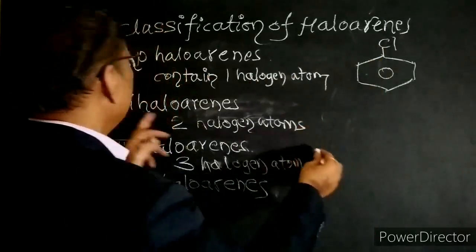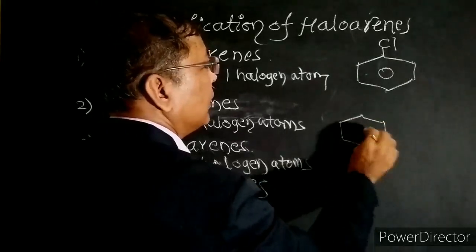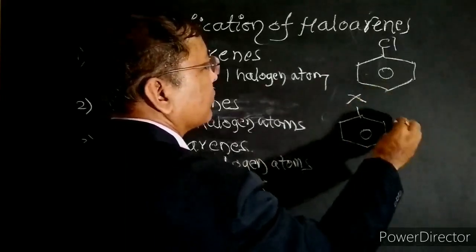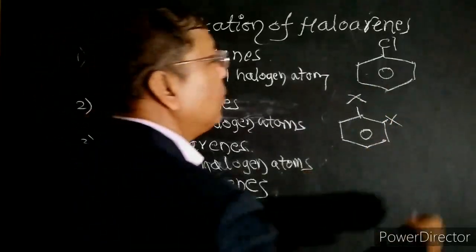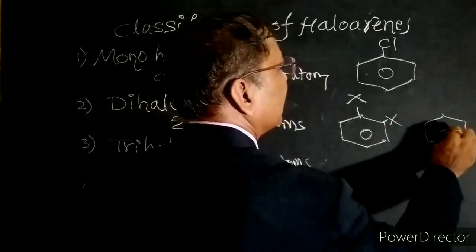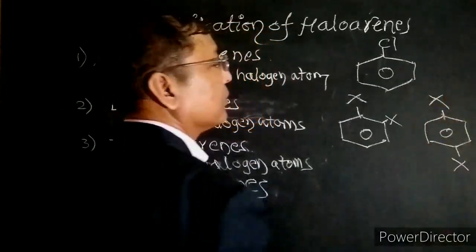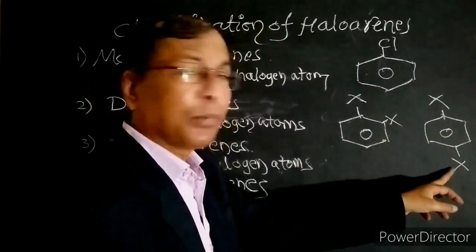Second, dihaloarenes. They contain two halogen atoms. This is a dihaloarene. We can also take an example containing two halogen atoms like this. This is the ortho, this is the para position.